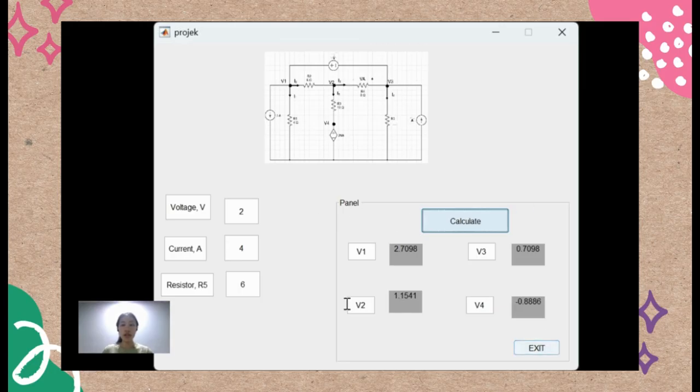In these three sets of numbers, all of the voltages V1, V2, V3, and V4 are in 4 decimals, since they are based on the code we have in this GUI layer.